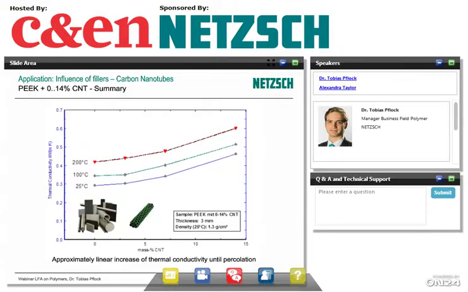And the last slide of our samples: we see that we get approximately a linear increase in the thermal conductivity as we add more and more carbon nanotubes to our sample. We get higher conductivity for higher temperatures. Thermal conductivity is higher at 200 degrees than it is at 25 degrees. And as we increase the carbon nanotube content from left to right, we also get increased thermal transport.